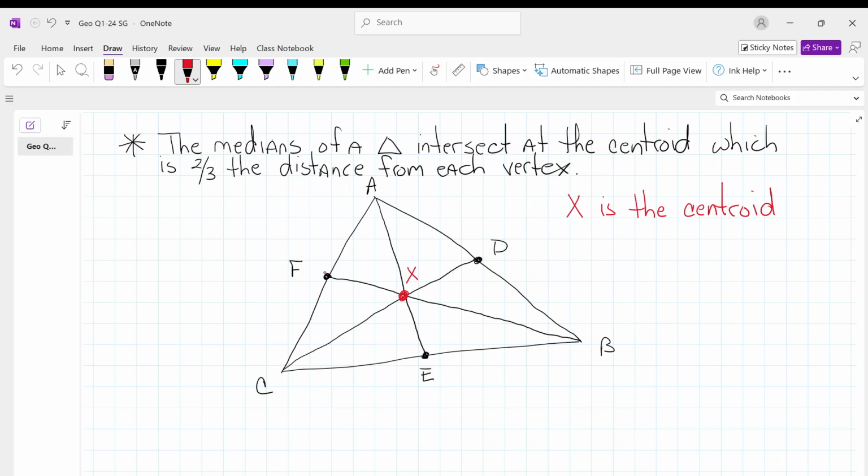I'm going to start with F to X. FX equals 1/3 FB. XB equals 2/3 FB.